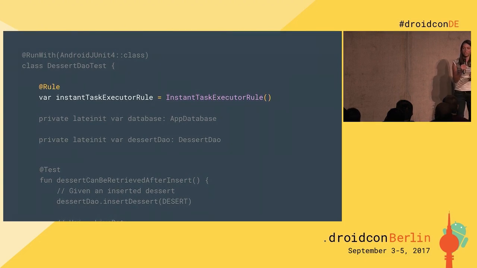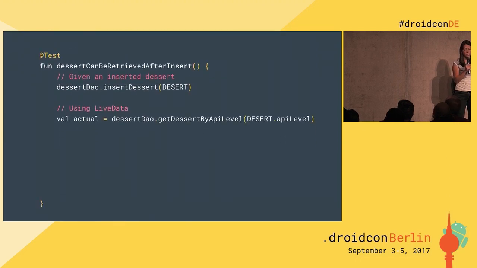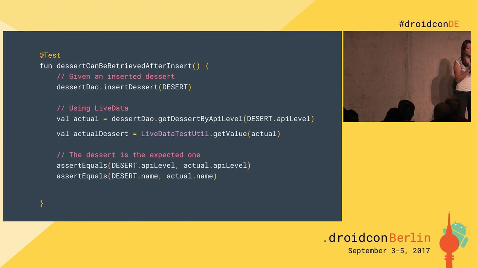So it makes sure that you don't need to wait for this to happen somewhere on a background thread. And then, getting back to our test, you can easily get the actual dessert and then check that it's a valid one. That LiveDataTestUtil is a class that we've implemented in one of our sample codes. Just for the sake of simplicity, I didn't put it here, but check it out.